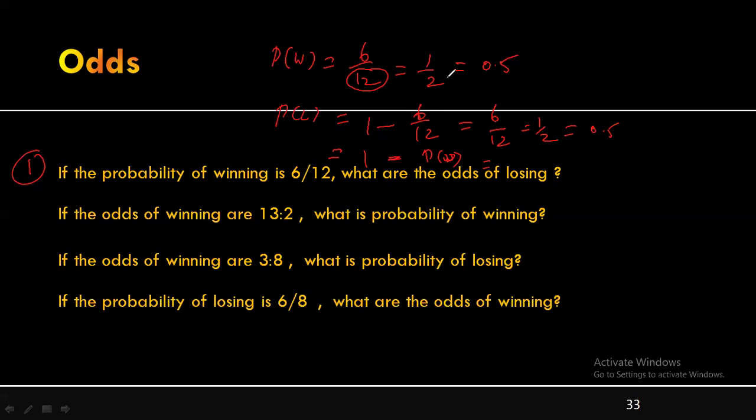In simple terms, if somebody says the probability of winning is 0.5, that means the remaining 0.5 is the probability that they are going to lose. So you subtract it from 1: 1 minus 6 over 12, where 6 over 12 is the probability of winning. 1 minus the probability of winning. And 6 over 12 is equivalent to 1 by 2. If you solve this, you get 0.5.